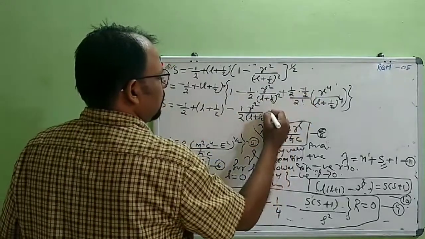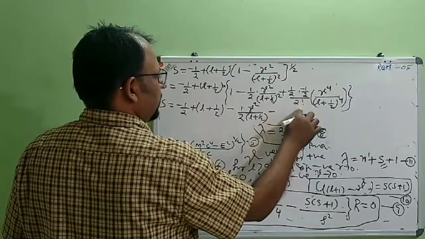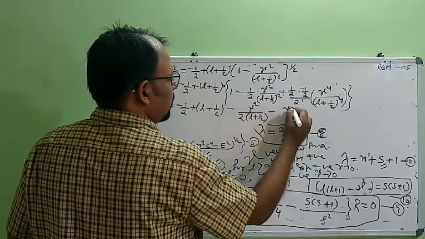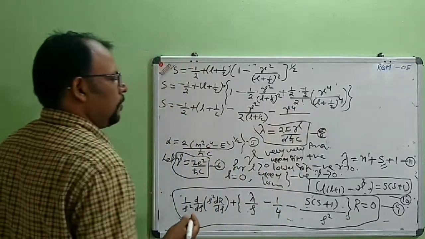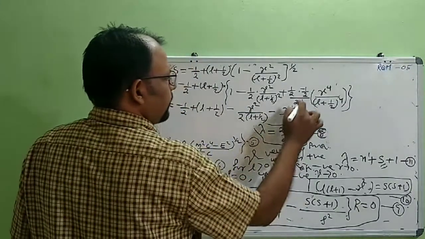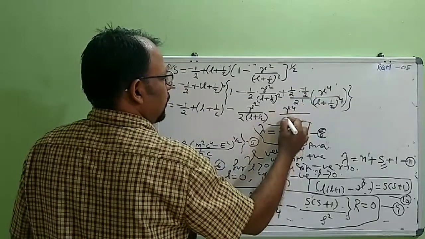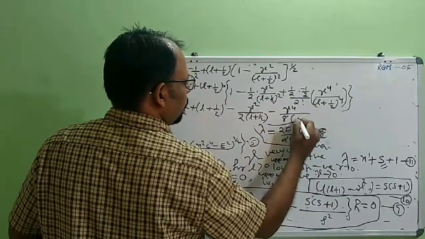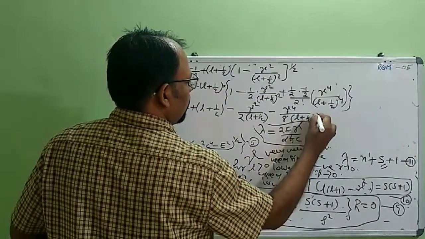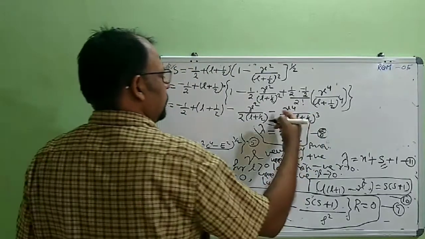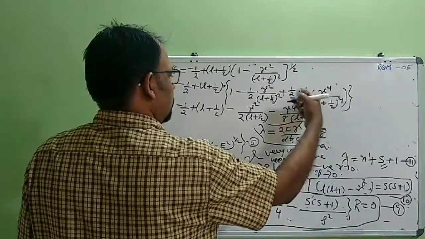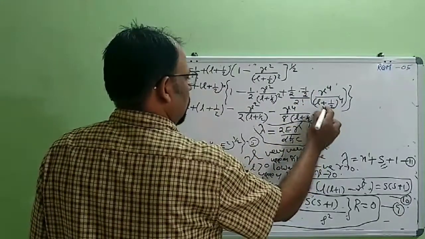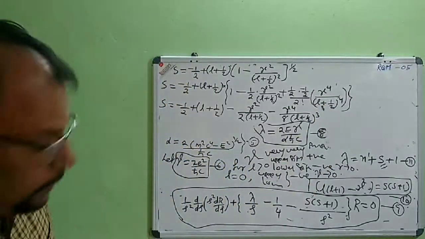The third term is minus 1 by 8, gamma raised to 4 by 8 into (L plus 1 by 2) into (L plus 1 by 2) the whole raised to 4. So it will be (L plus 1 by 2) the whole cube, minus gamma raised to 4 by 8 into (L plus 1 by 2) the whole cube. So this is the value of S.